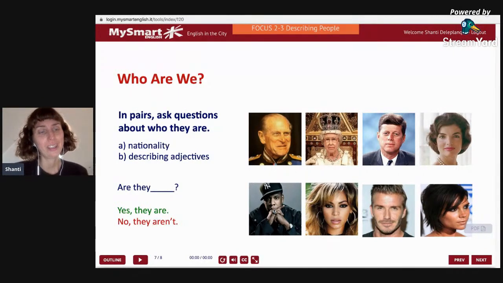David Beckham was a famous football player. And Victoria Beckham was a singer, and now I think a fashion designer. Yes, Barbara, they are from the UK. But Diana, you're not wrong. They live in America. So now they live in America, but they are British. They are from the United Kingdom.